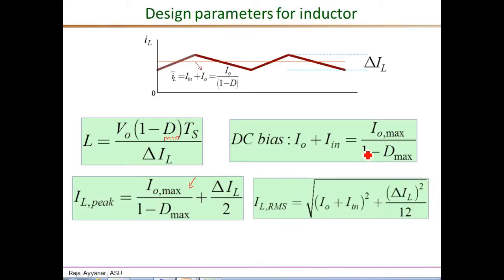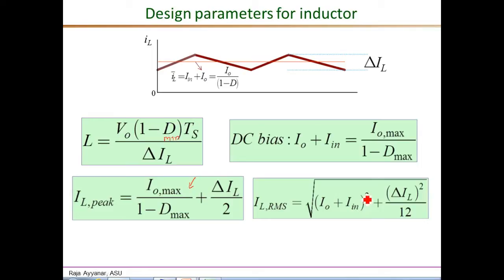Finally, the RMS value of the inductor current is an important design parameter, and that is given by this expression. Essentially, this is obtained by taking the mean square of the DC component, which is just the DC component squared, plus the mean square component of the high frequency ripple, the triangular waveform.